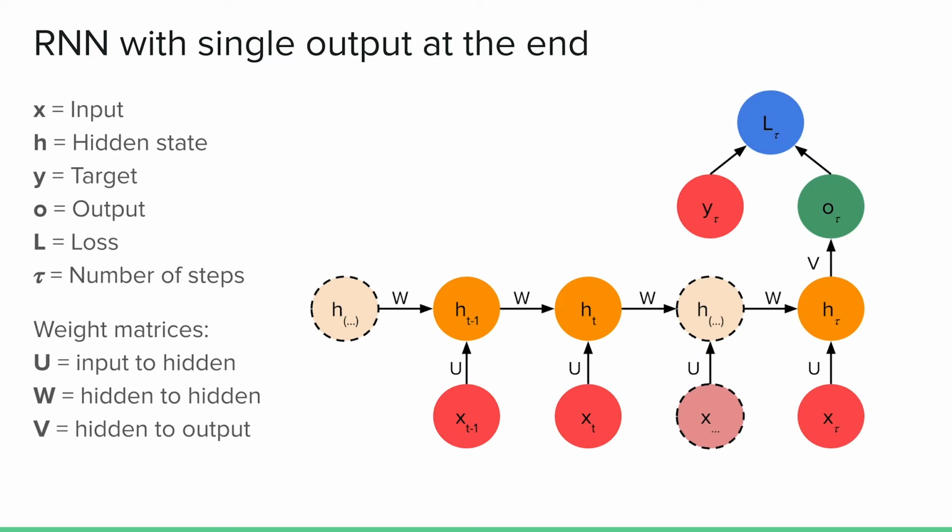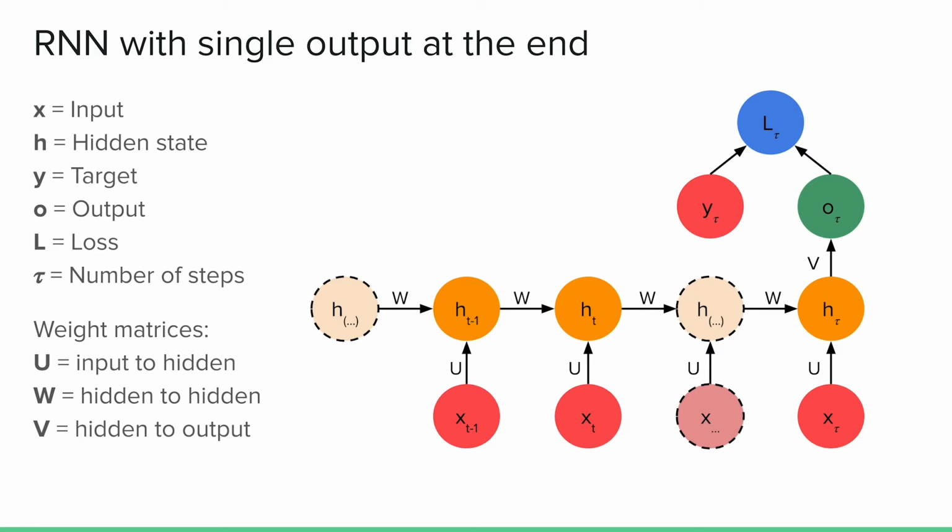What we have here is that the steps end up with a number of steps, the number of recursions that we allow the network to make. And then we have our output H tau. So that is the last state. And then we produce a certain output.